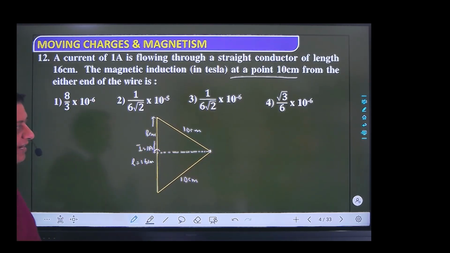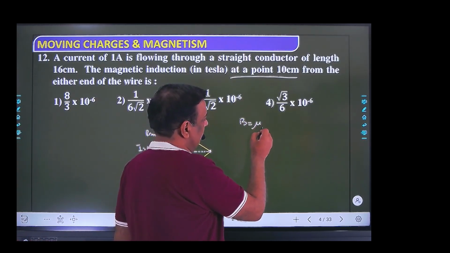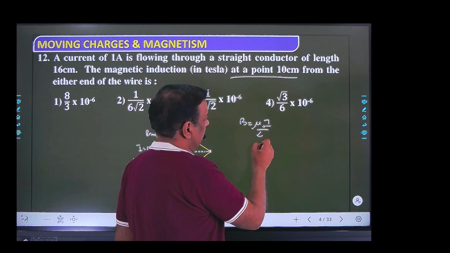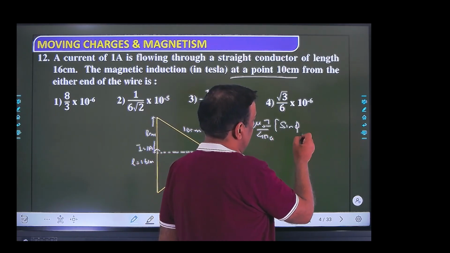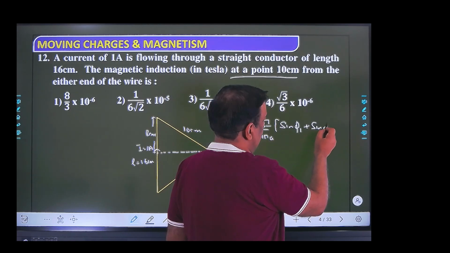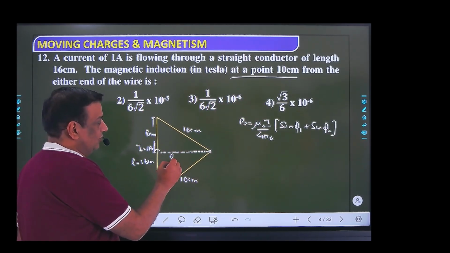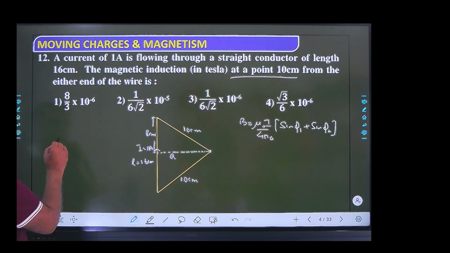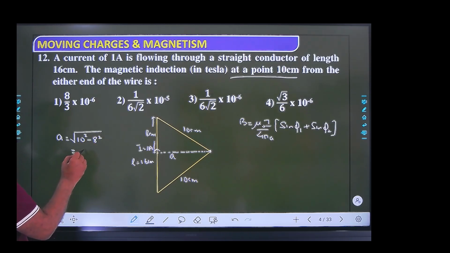For a long straight wire the magnetic field is given by a formula. In this case the perpendicular distance, A, will be 6 centimeter.